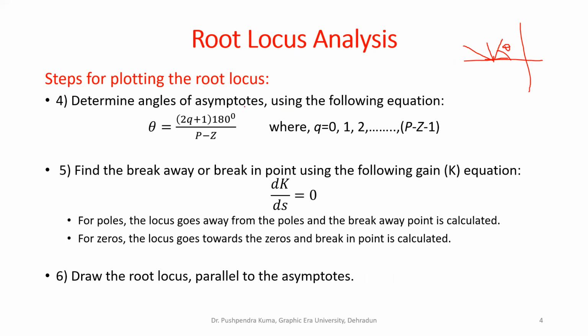So in this step, we determine the angles of the asymptotes, and we use this formula: theta equals (2q plus 1) multiplied by 180 degrees divided by (p minus z).